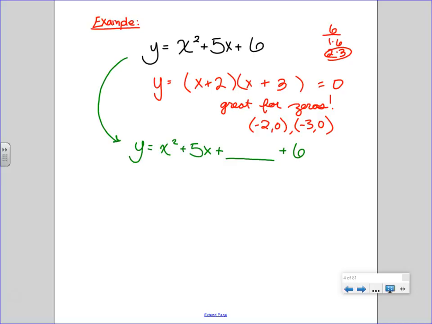So if we add to one side, what's another way of staying balanced? Subtract somewhere else from the same side. If we add to one side and subtract it somewhere else, we're still balanced. So if we add something here and subtract that same something over here, it's still going to stay balanced as long as those numbers are the same.